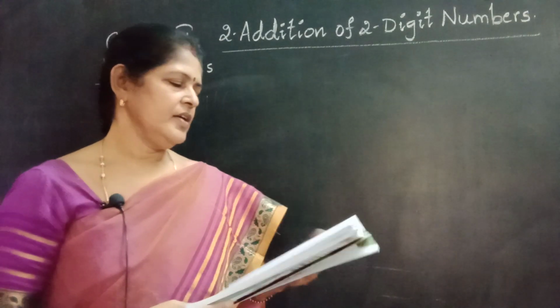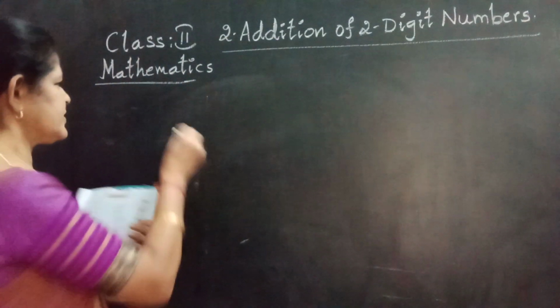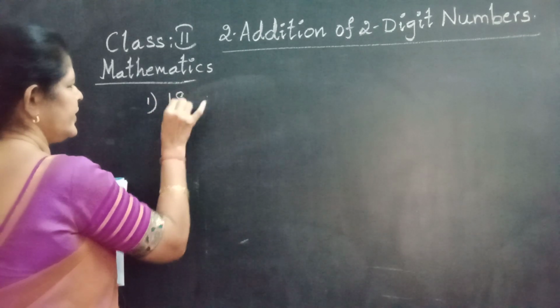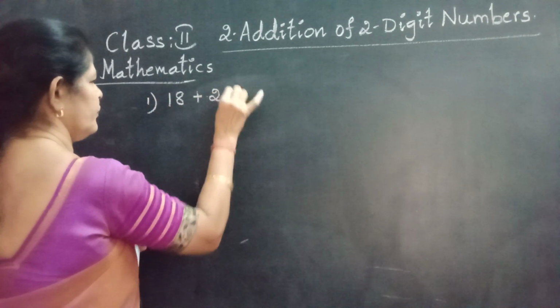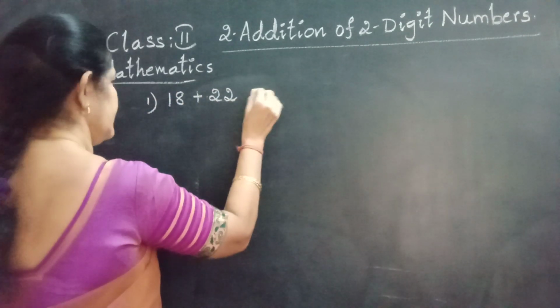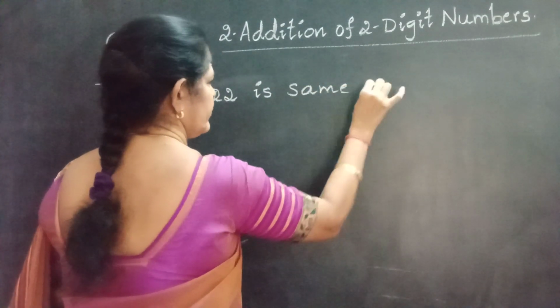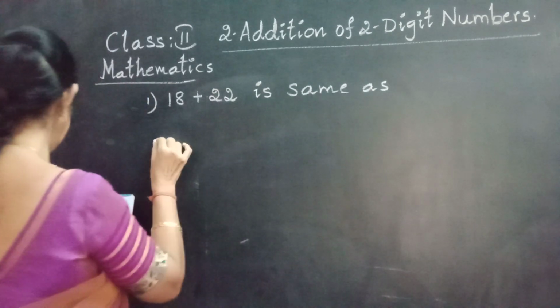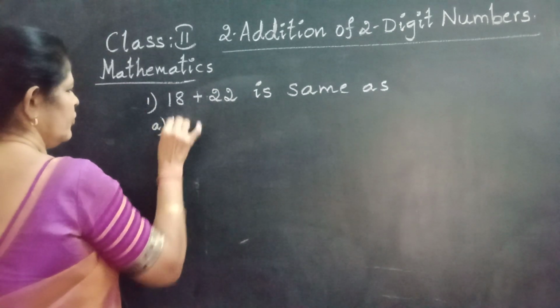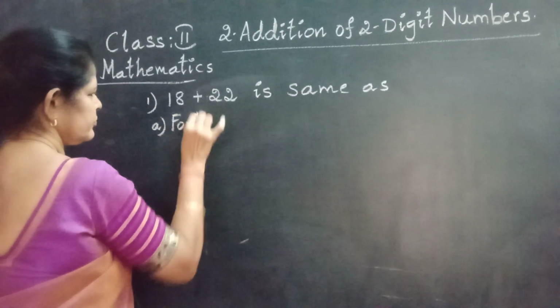Ready? First one. Choose the correct answer. First one: 18 plus 22 is the same as. The options are: A, 41.